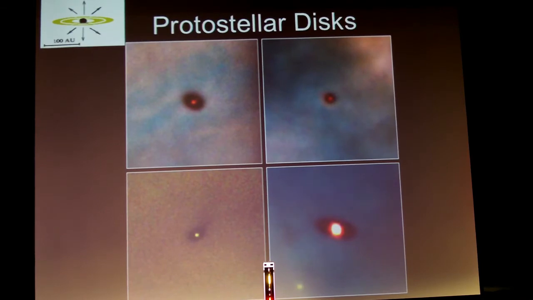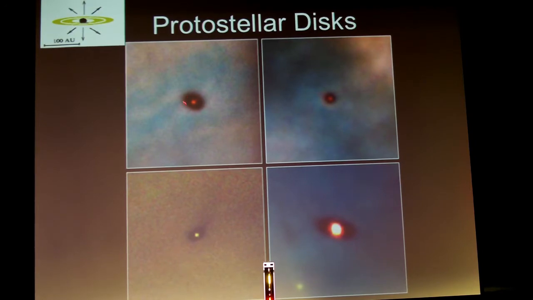What about protostellar disks? These things that form around the equators of stars. It's a consequence of the conservation of angular momentum. That material can't fall directly onto the star. It has to spiral inwards through a disk. And so we think this is a ubiquitous feature of baby stars. In these four pictures, you are seeing young stars against a bright background.